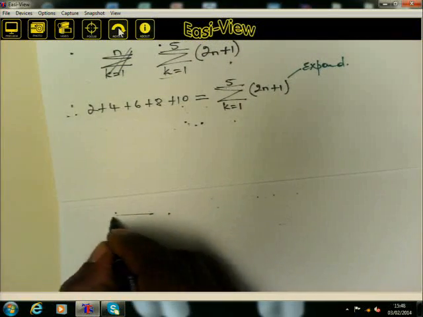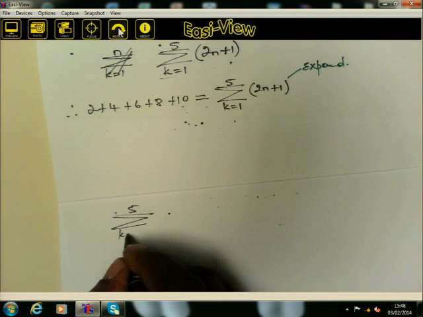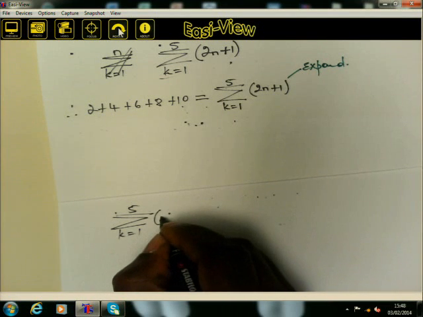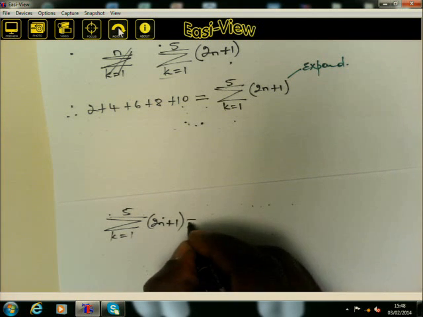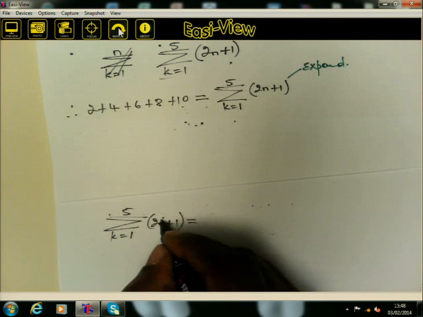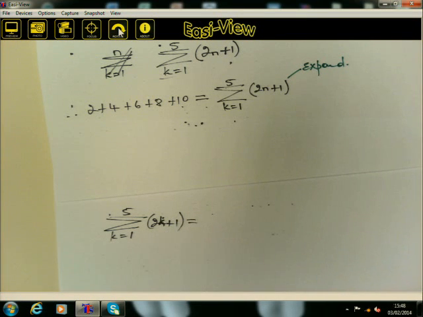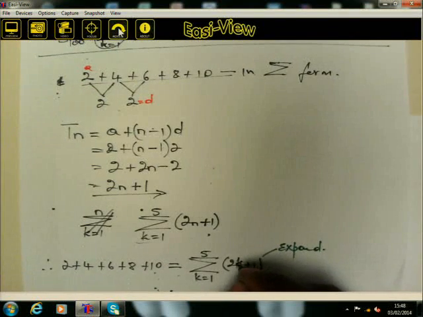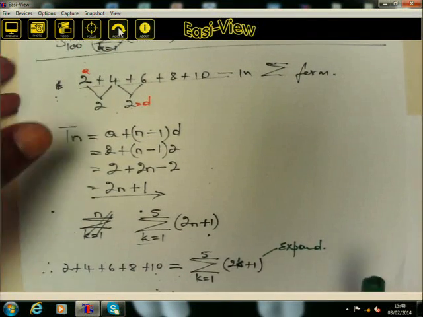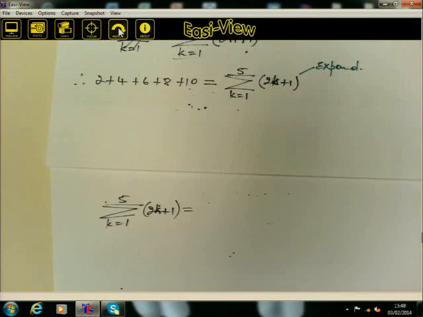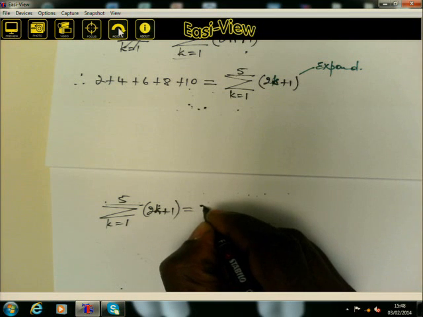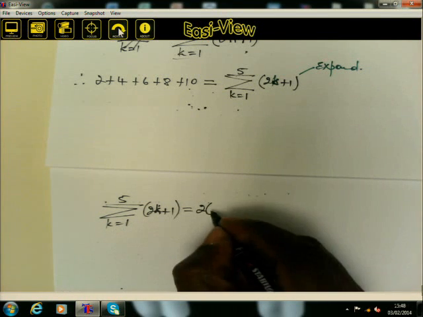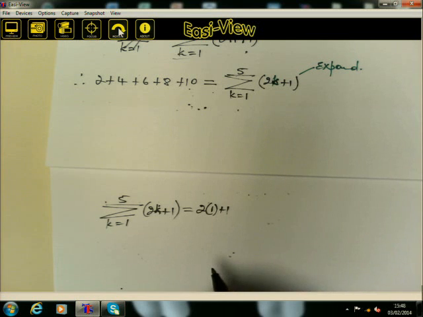It is given this way, k starts from 1 of 2n plus 1. It will be expanded with k starts from 1 to k. Sorry, matriculants, here it should be k, so that we don't get confused, or n for both of them. Then it will be 2 into k starts from 1, you add 1.